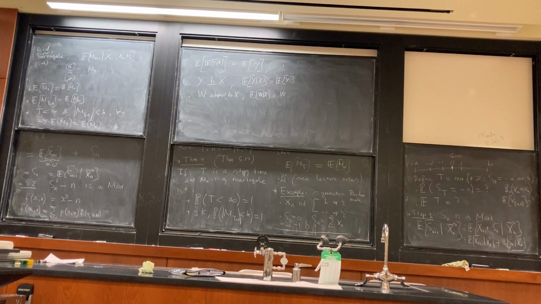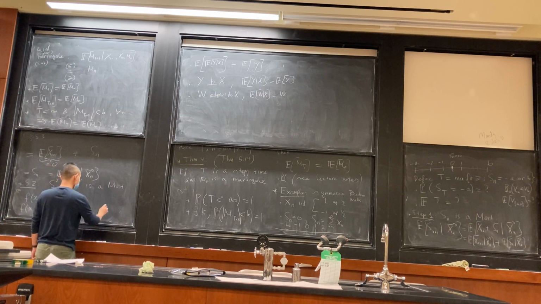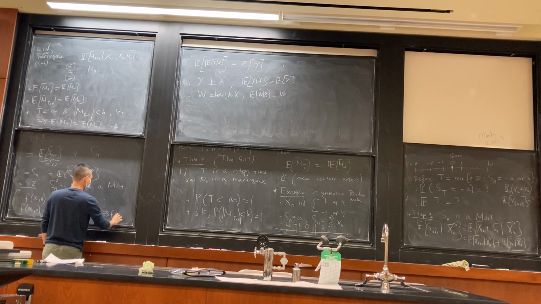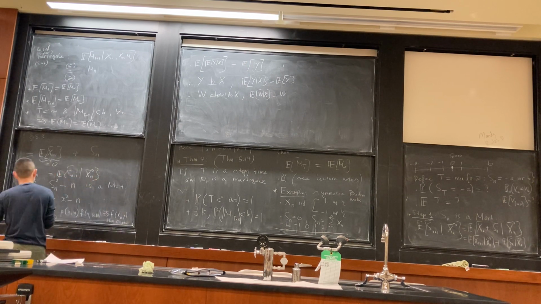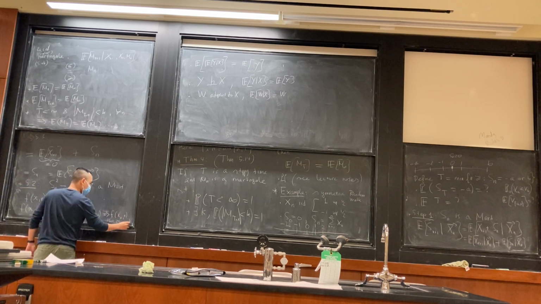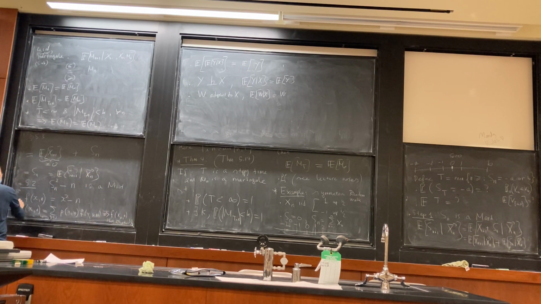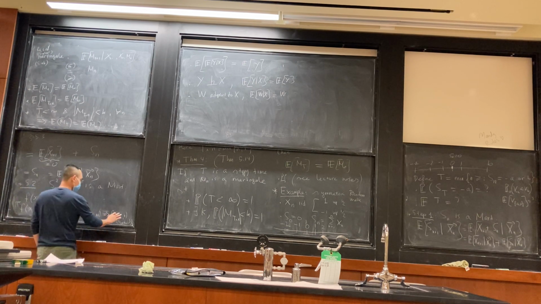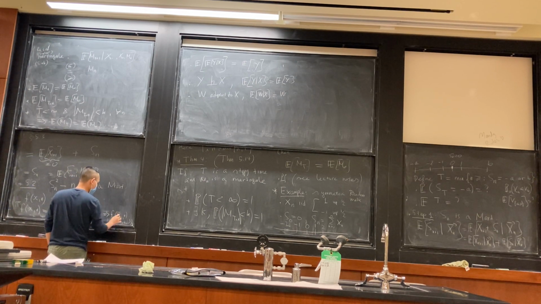Then f of xn is a martingale, and I should say Xn, because here I have a Markov chain.